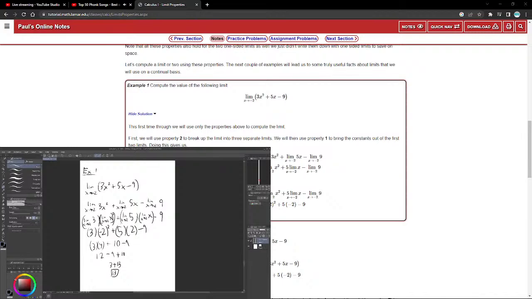This is 5. This is a -2. 12 minus 10. That's why that should have been negative. 12 minus 10 minus 9.